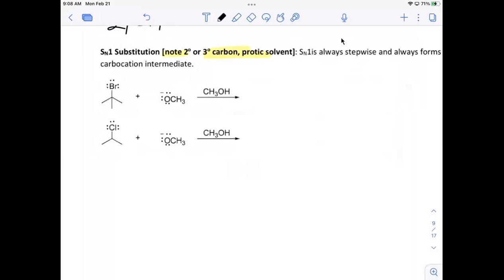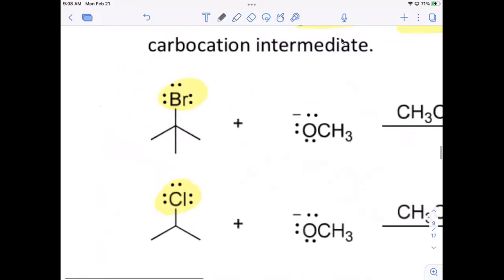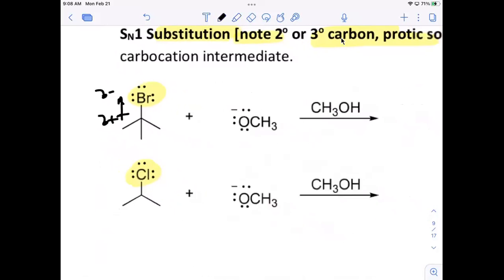So let's just do both of these real quick. With all these substitutions, you want to find your leaving group, which is generally the bond to the most polarized functional group. And this carbon-bromine bond is polarized towards bromine, so this is partially positive, that's partially negative.